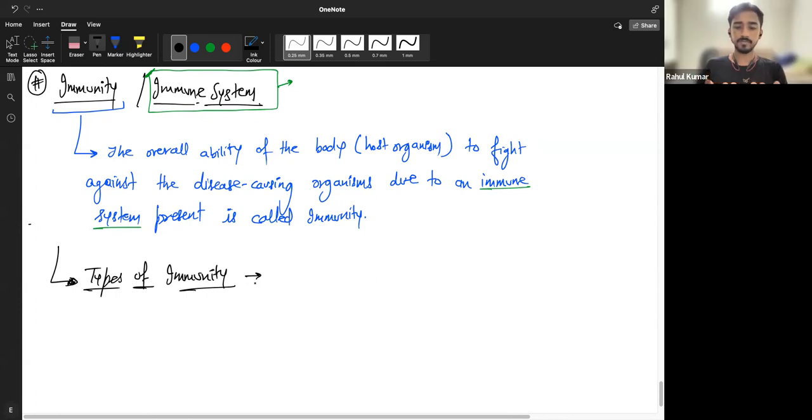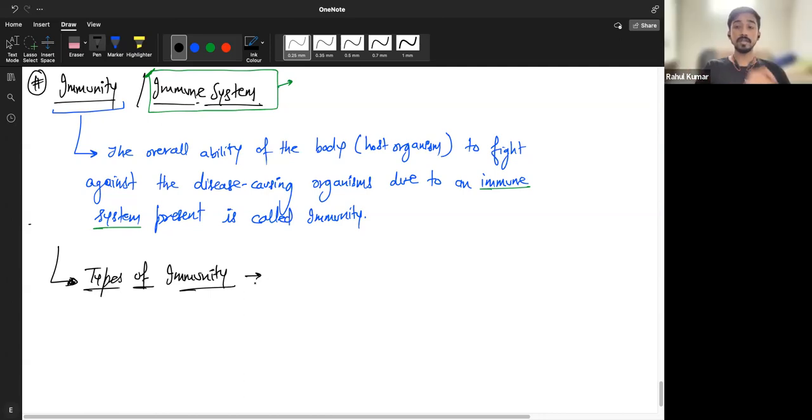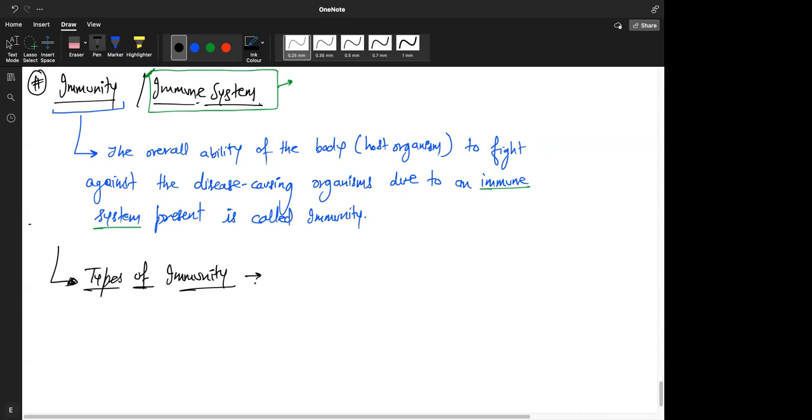But complete your answer. What were you saying? In the case of plants, I don't think there are any antibodies, as in the case of us humans and animals. Yeah, but antibodies come not in the innate immunity part. They come in the acquired immunity. Yes, sir.